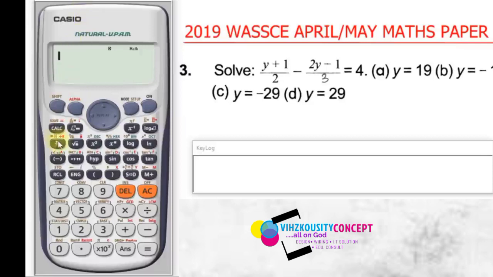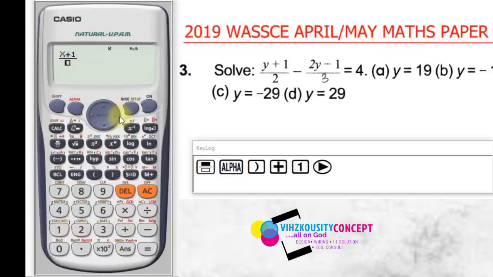So I'm going to input the fraction first because this is a fraction. We have y plus 1 as numerator over 2 as the denominator. So I'm going to press x plus 1, and to get x, I will use alpha close bracket, and you can see that is x plus 1. Now I'm through with the numerator.